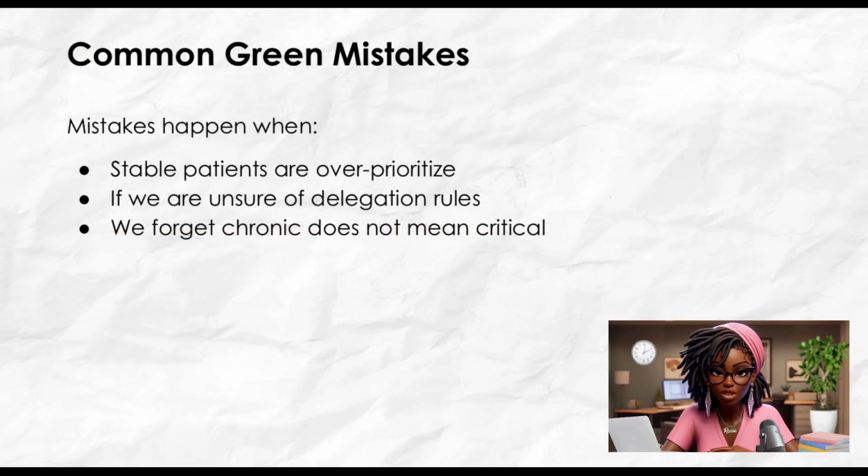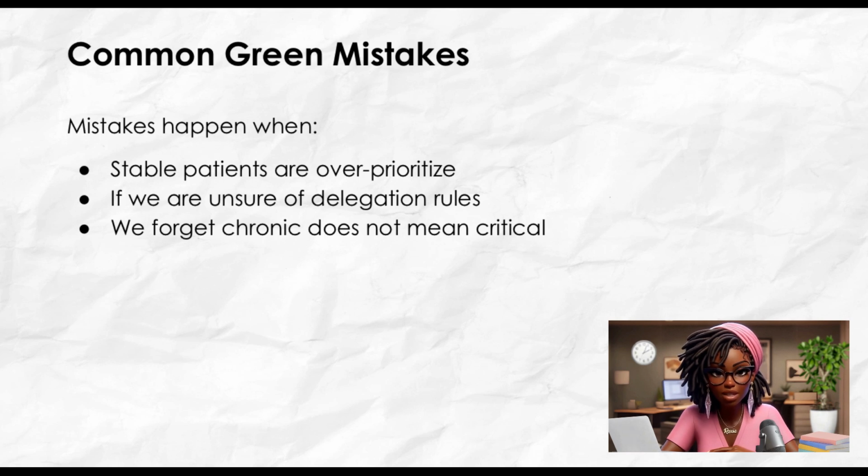So I hope those questions helped you understand, or at least see, the types of green zone question stems that could possibly be asked on the NCLEX and how to determine whether the answer choice is a green zone, yellow zone, or red zone. Now, mistakes happen when stable patients are over prioritized, or if we are unsure of delegation rules, or we forget that chronic does not mean critical, right?